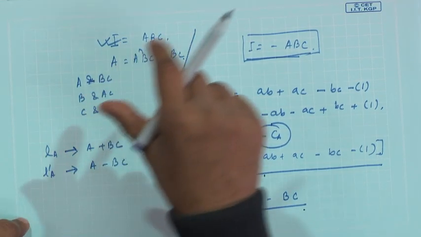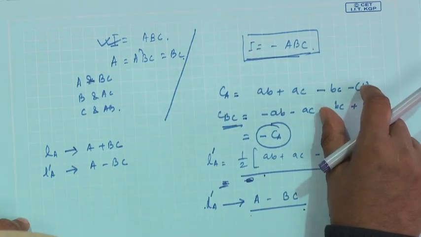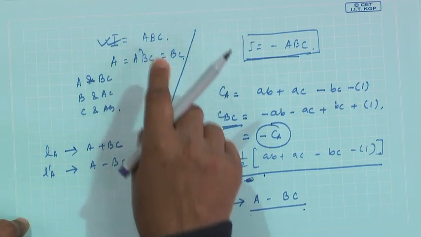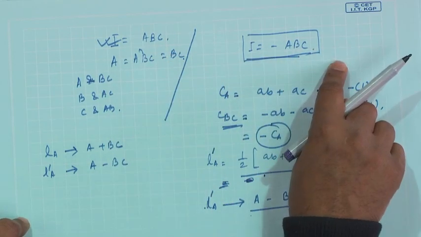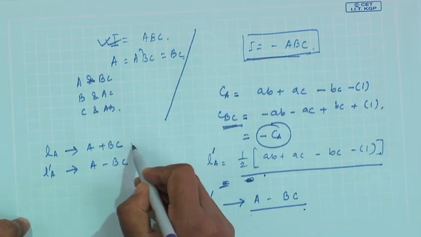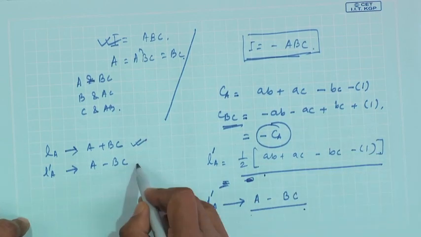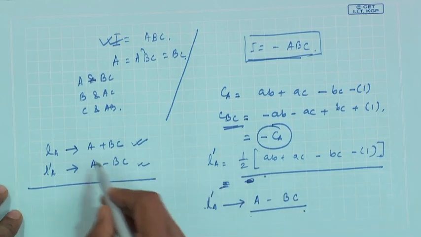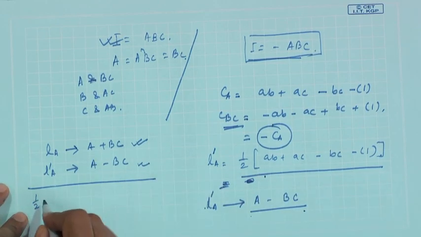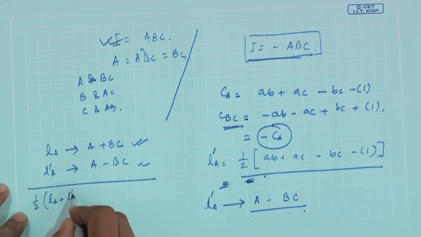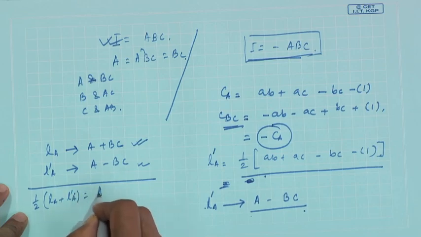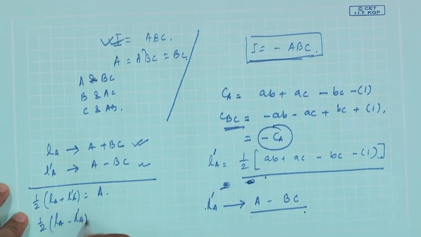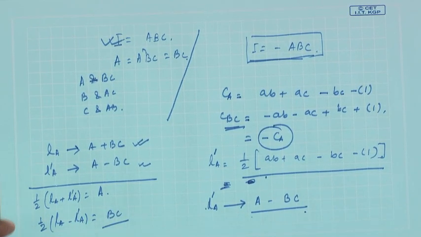So, if you do two fractional designs, in the first design using I equal to ABC and in the second design I equal to minus ABC, then from the first design you get this estimate and from the second design you get this estimate. Then you are in a position to uniquely estimate A and BC, because half of LA plus L dash A will give you A here, and half of LA minus L dash A will give BC here.